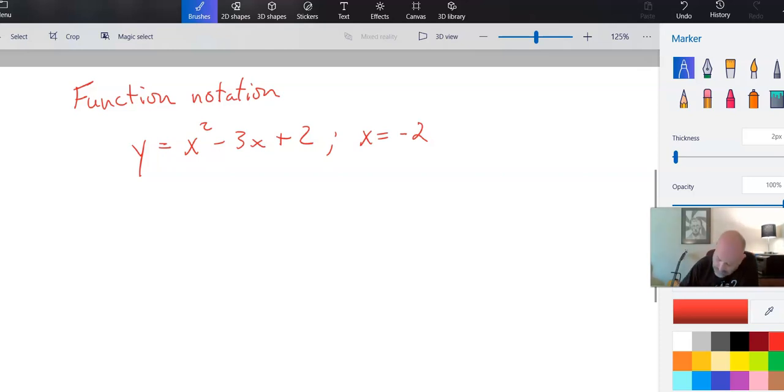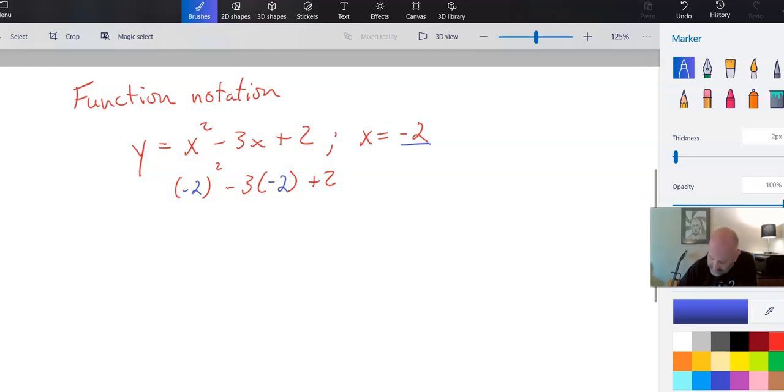If I'm looking at something like that and I want to evaluate it, what I do is I treat every x like an open slot. And then whatever x is supposed to be equal to, I just plug it in, right? And then I follow the order of operations after that. And if I'm following the order of operations, everything takes care of itself from here.